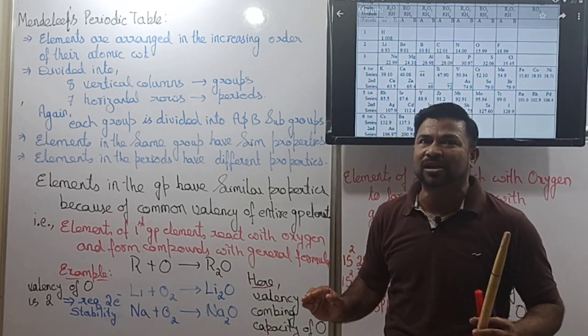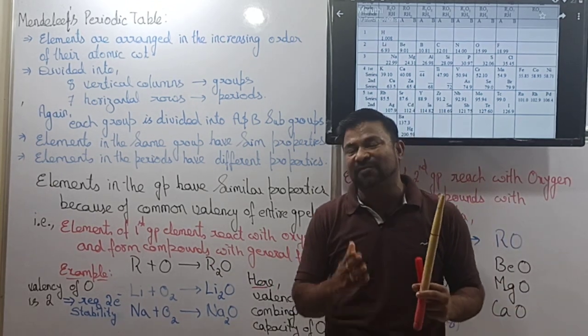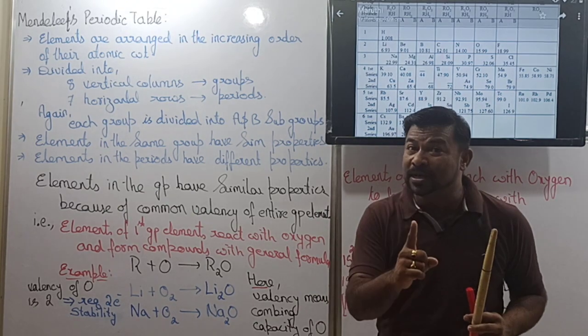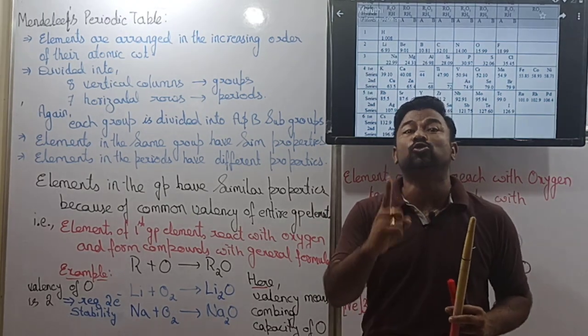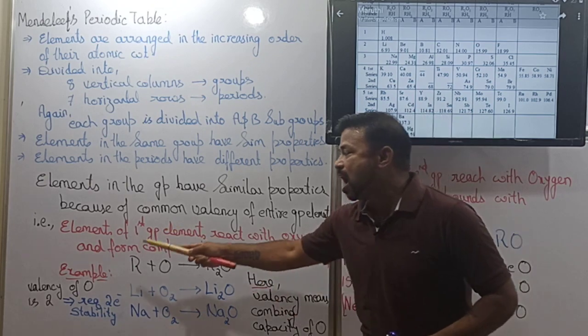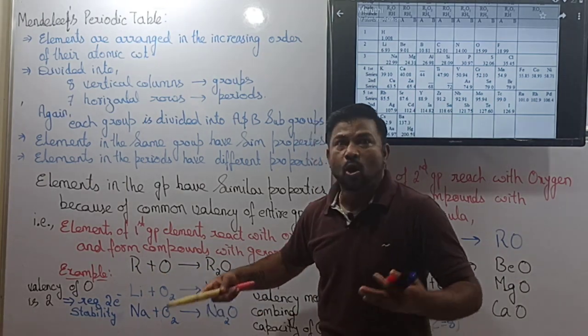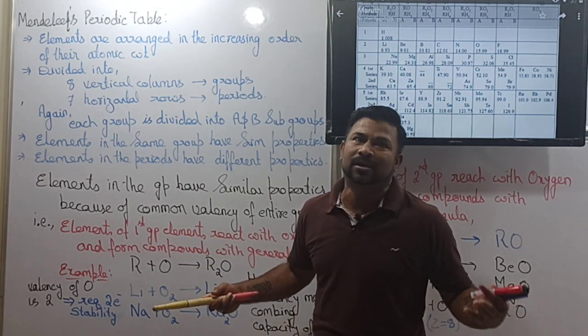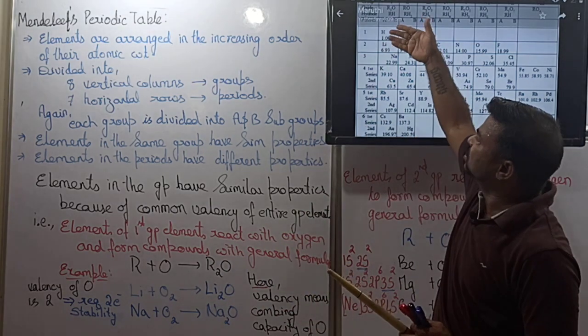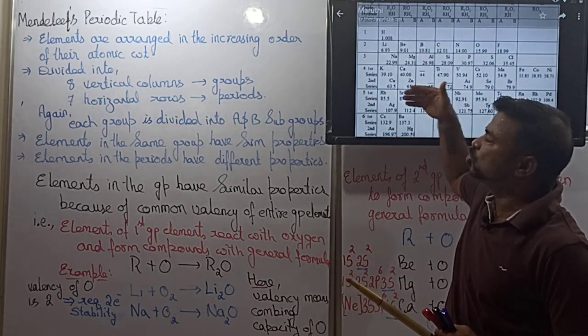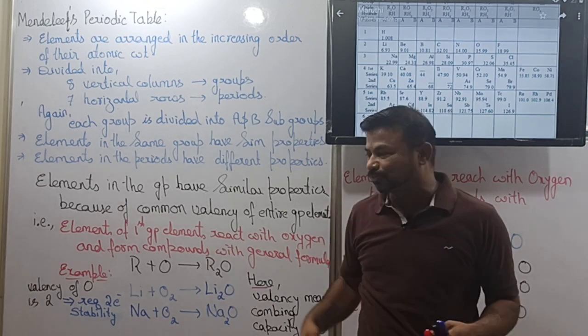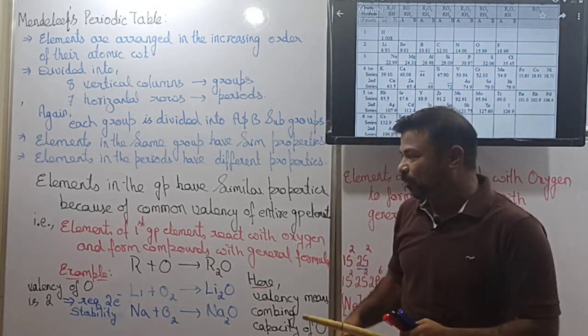This is the general formula Mendeleev gave for elements present in the first group only. R means all the elements present in the first group. It may be hydrogen, lithium, potassium or more. So why so? That is what the point says.